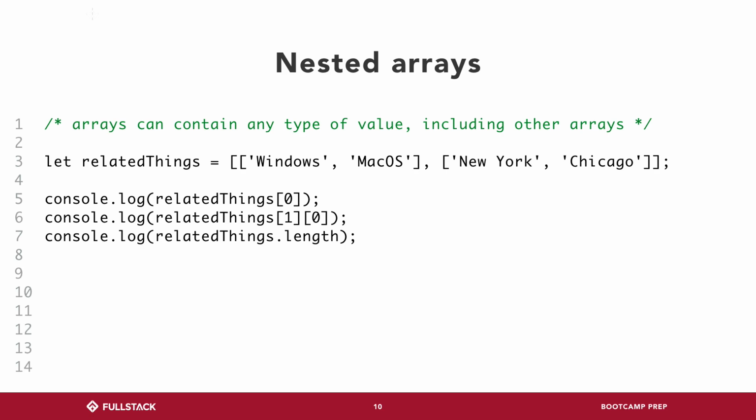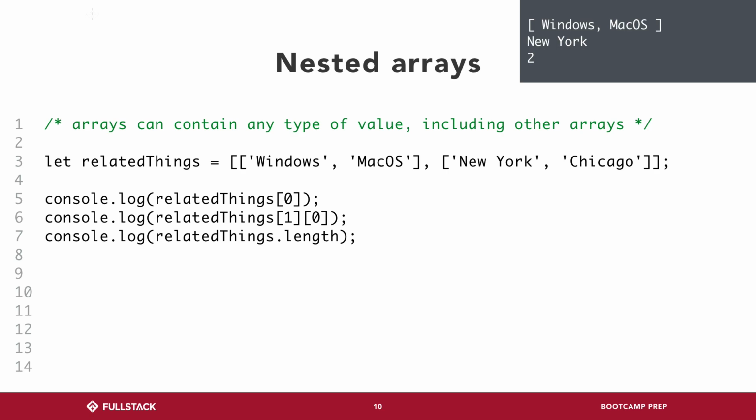What do you think the length of related things is? Yeah, so it looks intimidating because there's all of these things going on, and nested arrays can be deep. But once you start getting used to it, you can break it down and you find tricks like calling it something else.